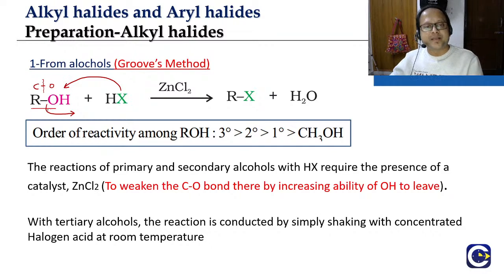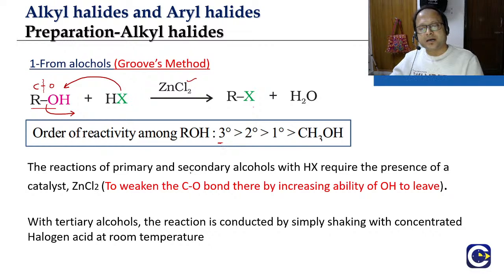So ROH reacts with HX in presence of zinc chloride, and it is easier to form RX. But there is a certain order for alcohols here. Tertiary alcohols react fastest, primary reacts slowest, and in that also methanol is the least reactive.